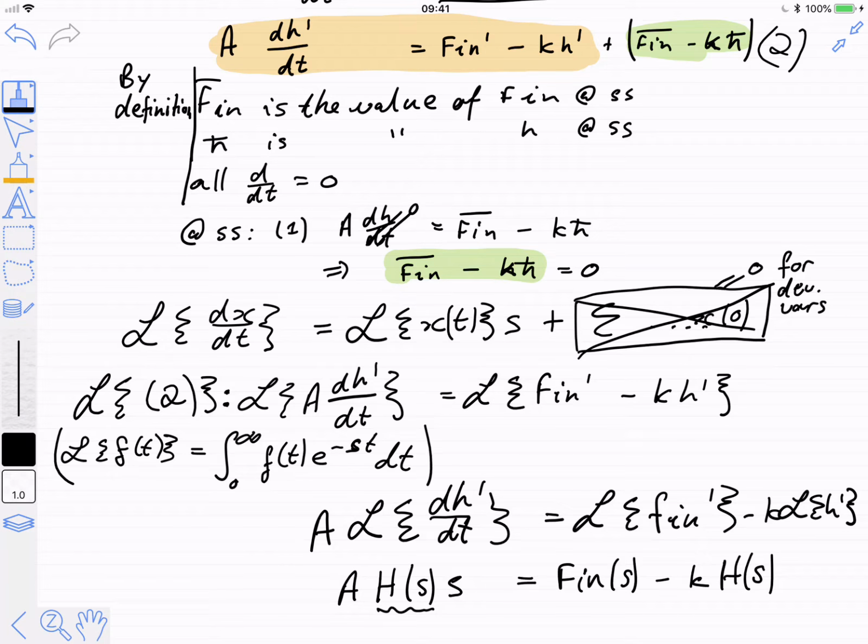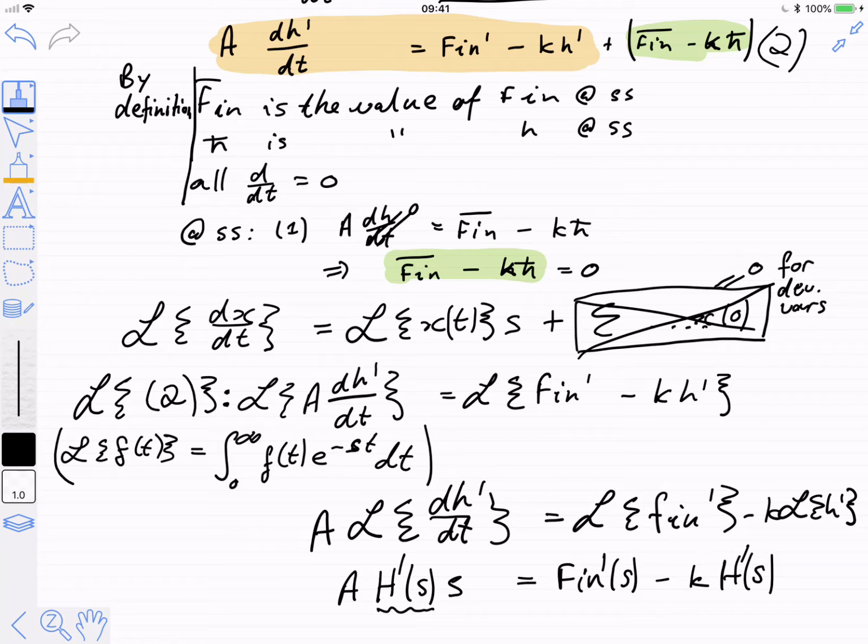Are you asking why the big H does not have a prime? I could put a prime, but what is going to happen very frequently is we're going to go through these steps so often, and almost all of the problems that we'll solve will be in terms of deviation variables, that we will eventually reach a point where I will just say, I've rewritten in terms of deviation variables and I won't write the prime.